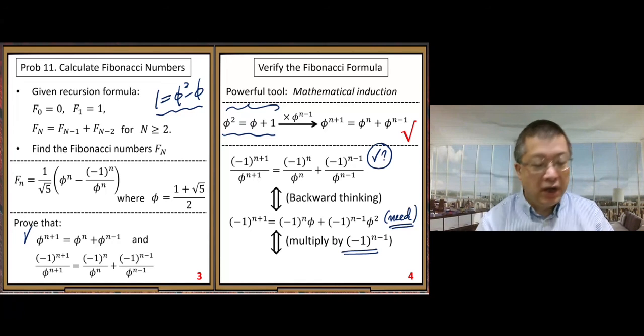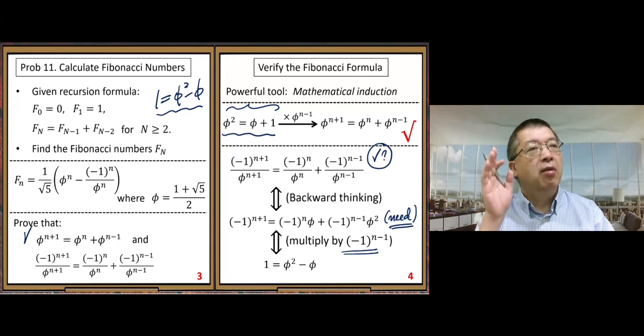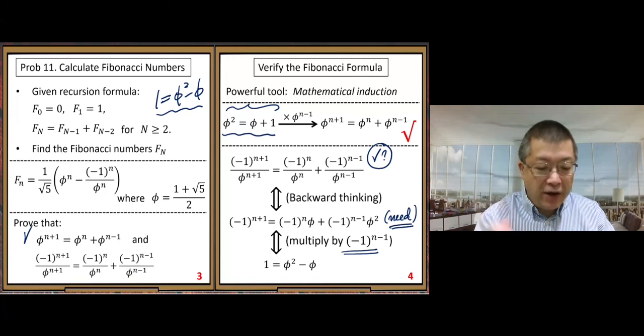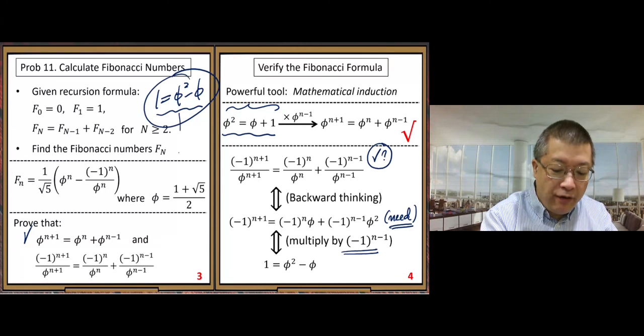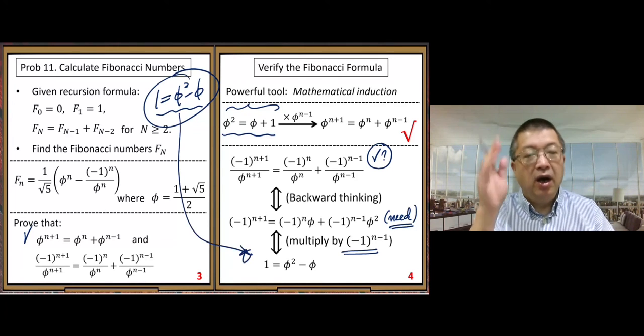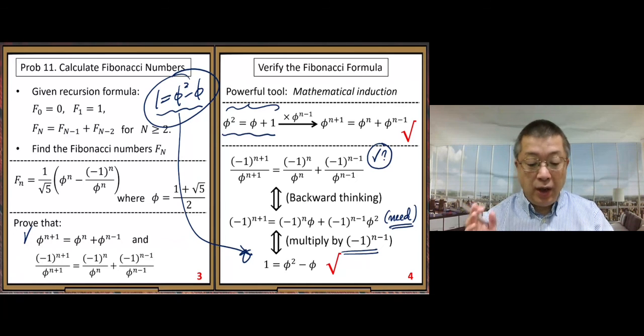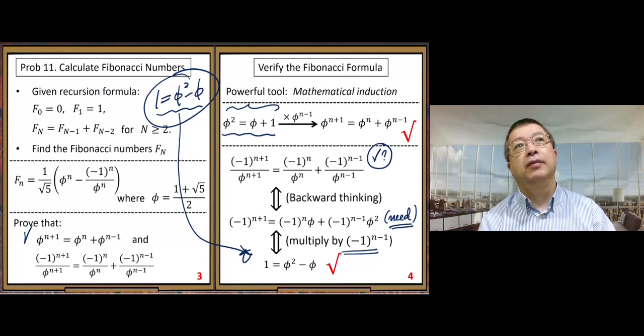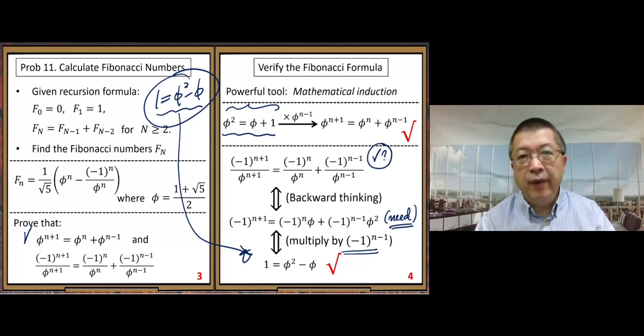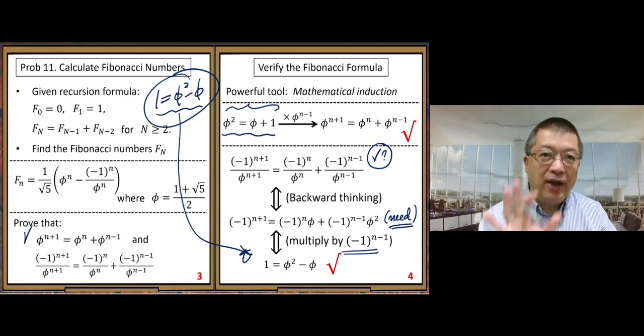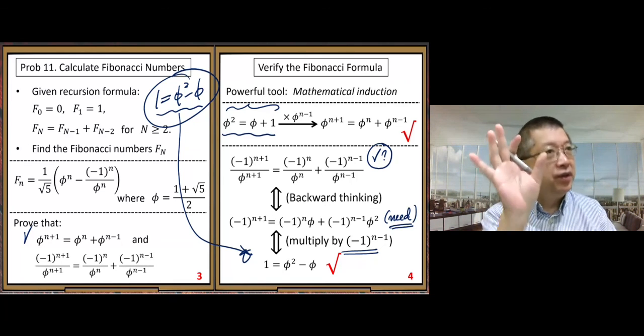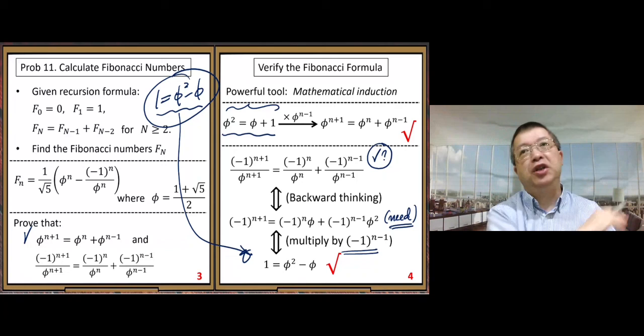After that multiplication, we get 1 equals phi squared minus phi. That is exactly our first property of golden ratio, and we know it is correct. Because this step, we're 100% sure it is correct.